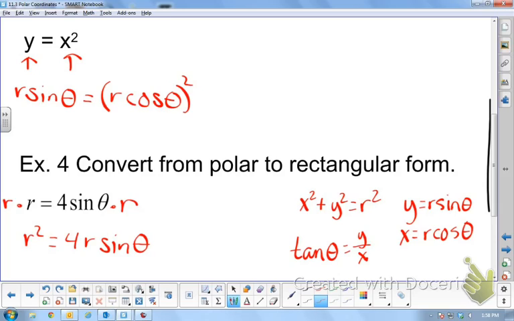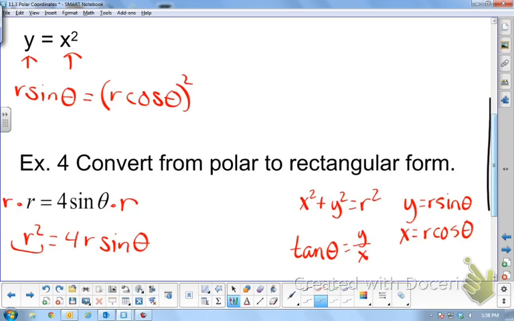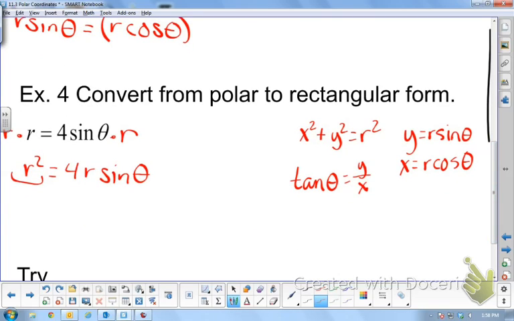Now we have stuff that looks exactly like our formulas. What could I replace r squared with? X squared plus y squared. What about the right side? What can I replace the r sine theta with? y.